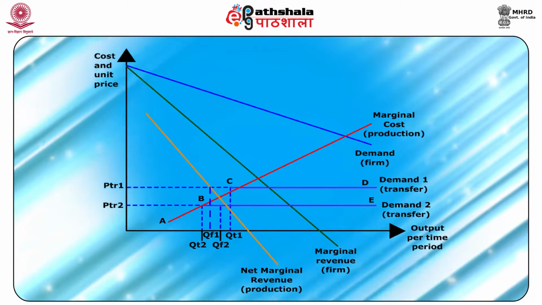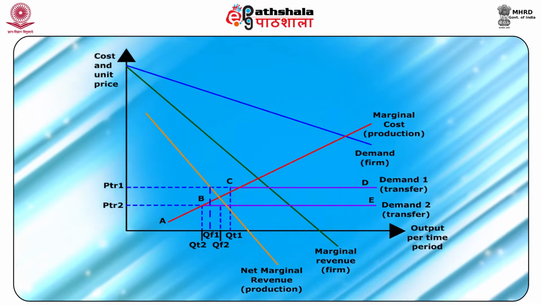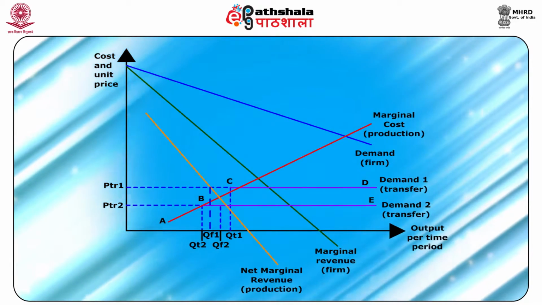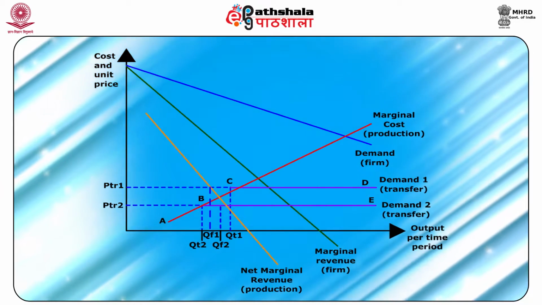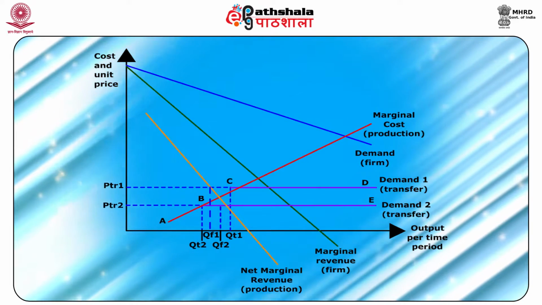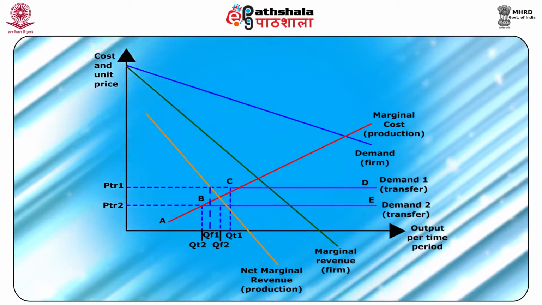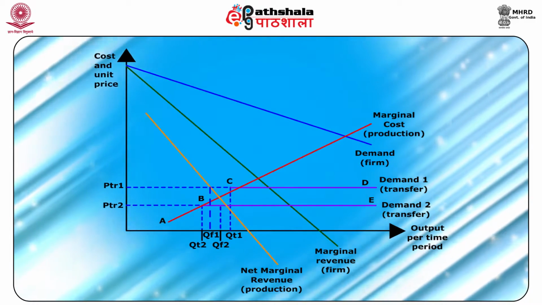The demand curve is obviously downward sloping, and then we have the marginal revenue of the firm, which is again downward sloping and is represented as a black line. And then we have different points A, B and C along the marginal cost curve.